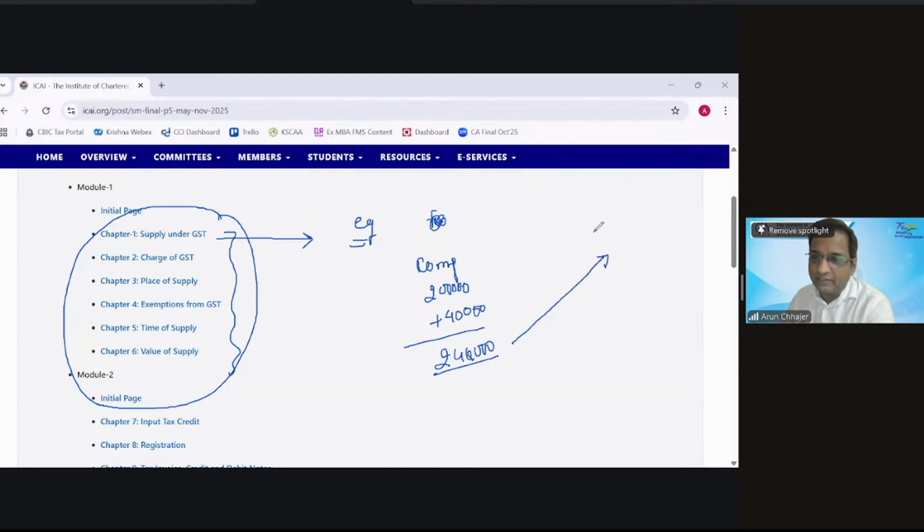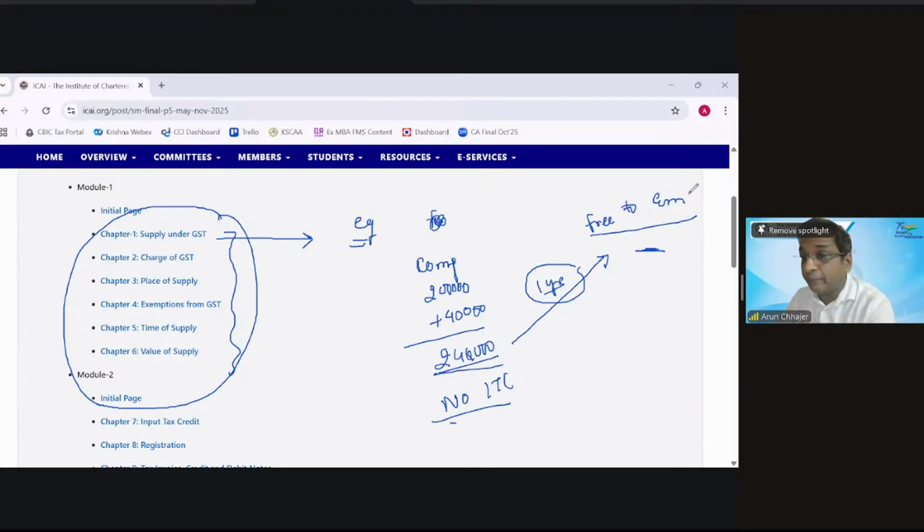After 1 year, I have given it free of cost to my employee. I am not charging anything. I have not taken the ITC. Will this free distribution, any fixed asset which I have given to my employee, attract GST or not? He is not paying any consideration to me.